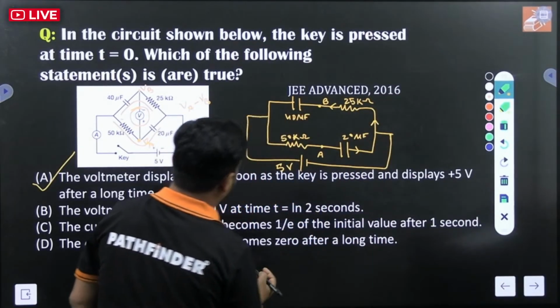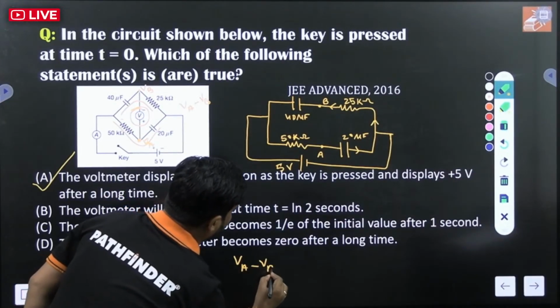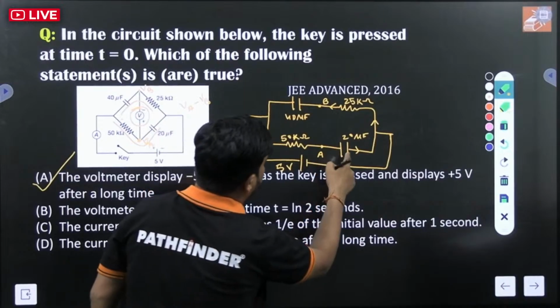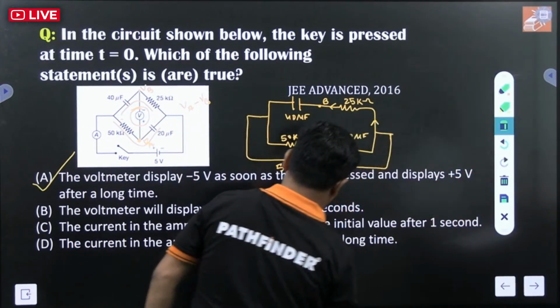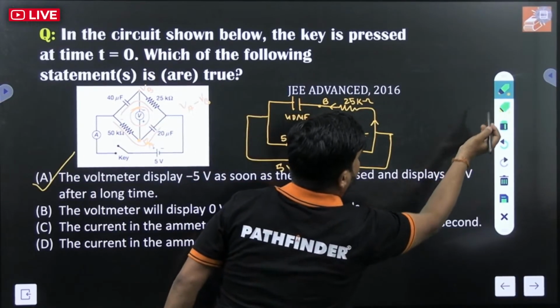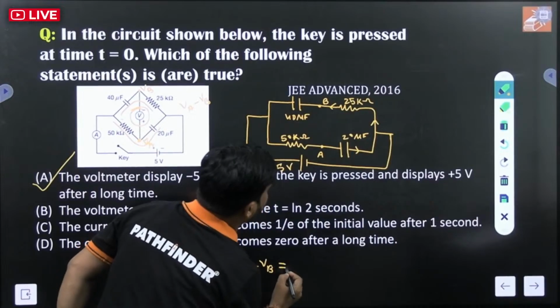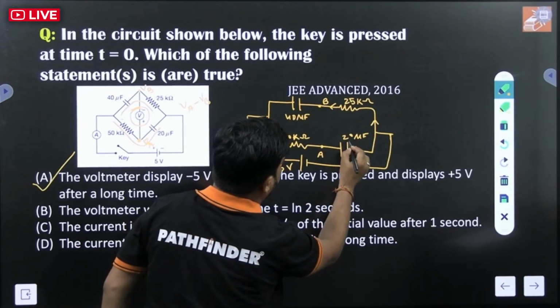Again, let's traverse along this direction. So let's do it. VA minus VB is equal to, what is the charge across here? Can we write here VA minus VB is equal to, this one is Q2, right? Here we have drawn it as minus Q2.